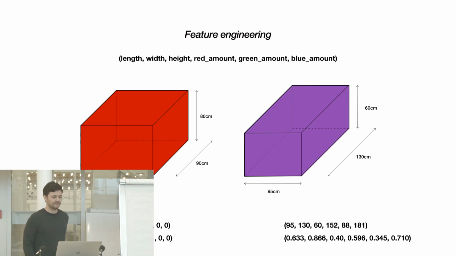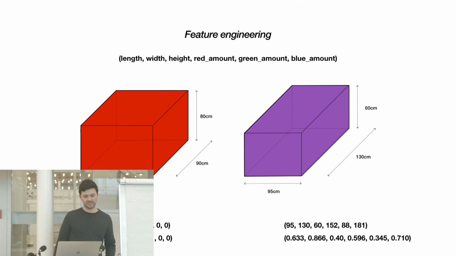And now, there's something called feature engineering. For example, if we do not only want to represent a box, but we want to represent a colored box, we need to encode it in a certain way. So what we can do, we can say that we are now interested for each box in length, width, height, amount of red, amount of green, and amount of blue.